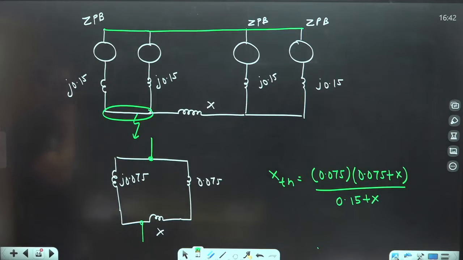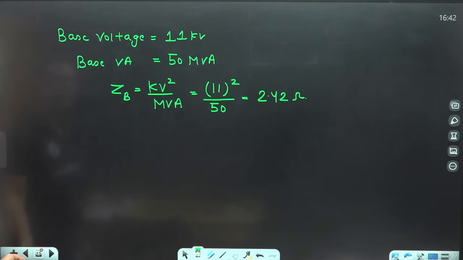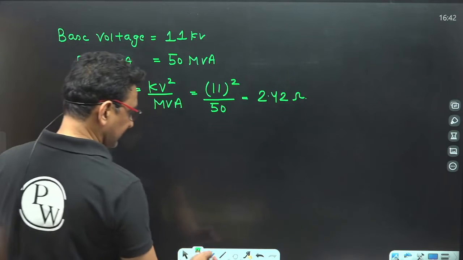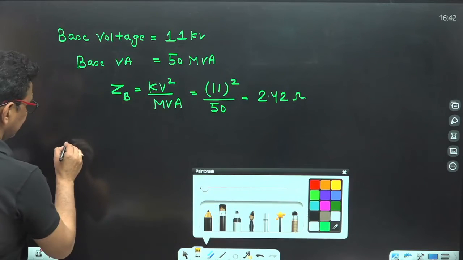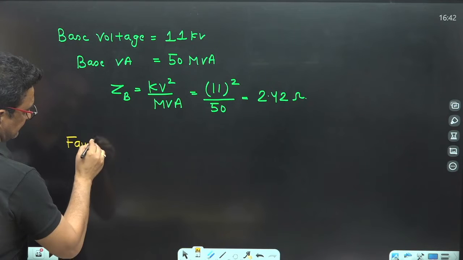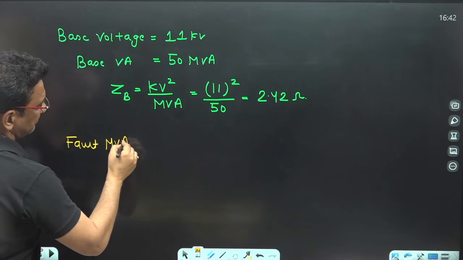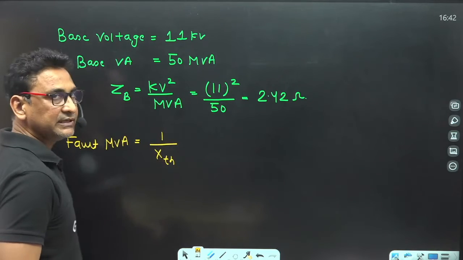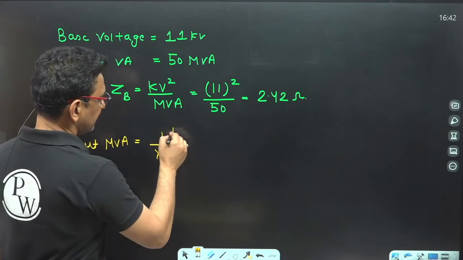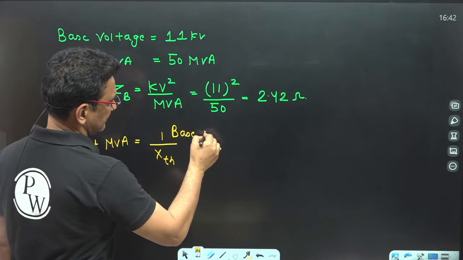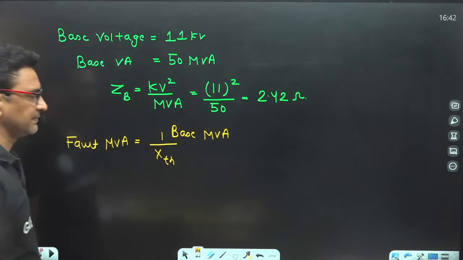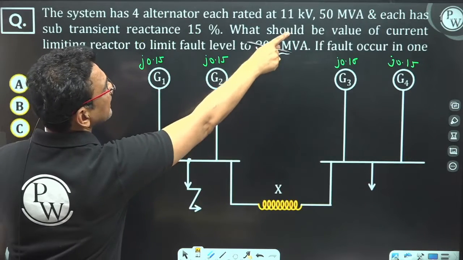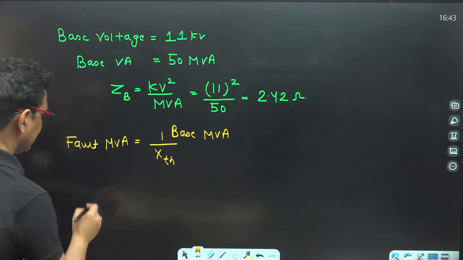Clear? Now here the fault MVA is given. So what is the fault MVA? I told you the fault MVA in terms of PU value is nothing but 1 upon XTH. But in terms of actual value, it is the base MVA divided by XTH. So fault MVA is 800 MVA and base MVA is 50 MVA.